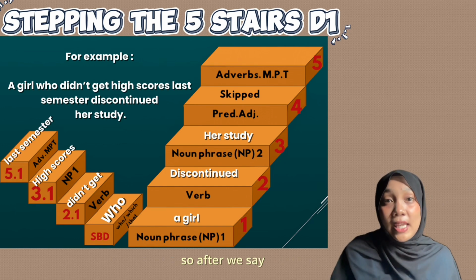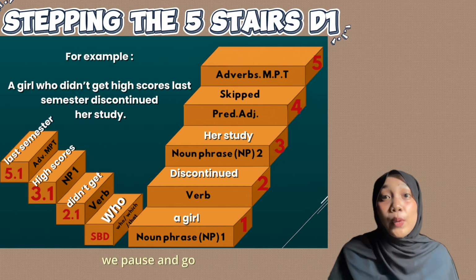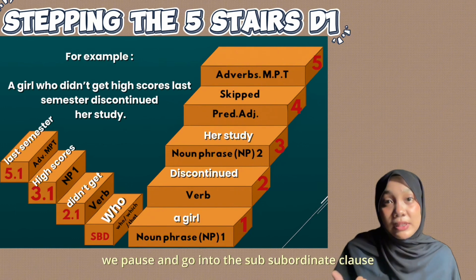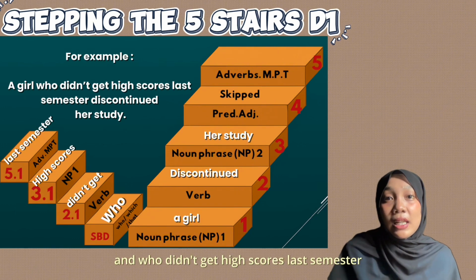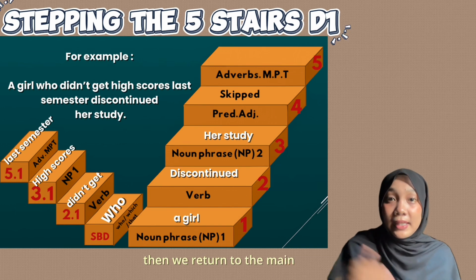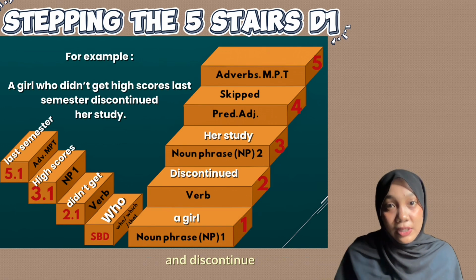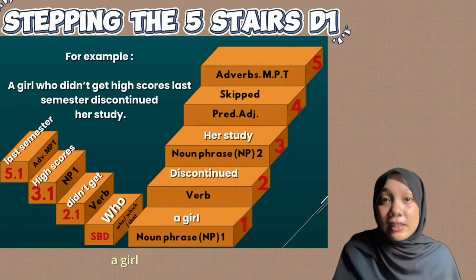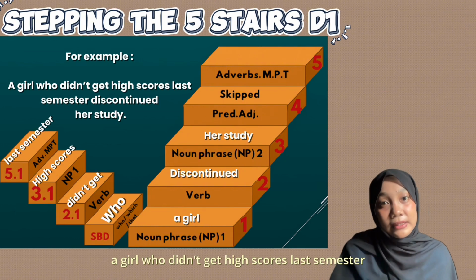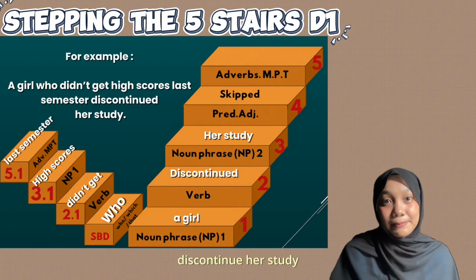So after we say a girl, we pause and go into the subordinate clause, who didn't get high scores last semester, then we return to the main clause and discontinued her study. So the final sentence is a girl who didn't get high scores last semester discontinued her study.